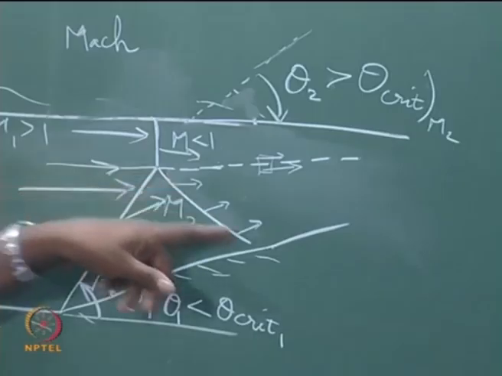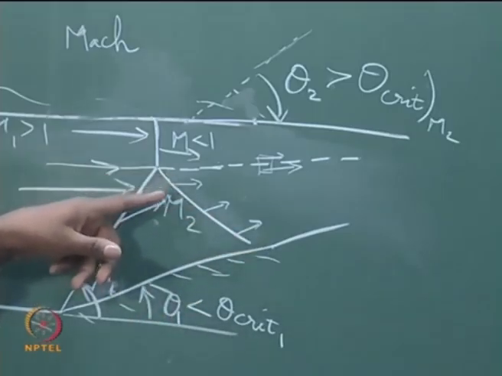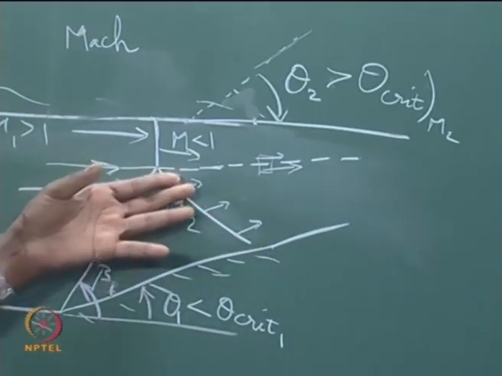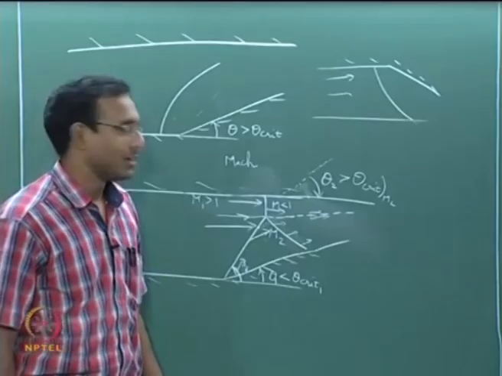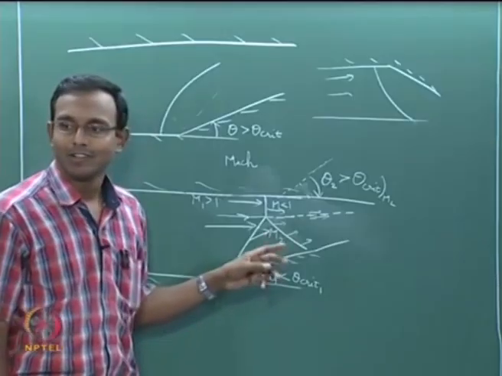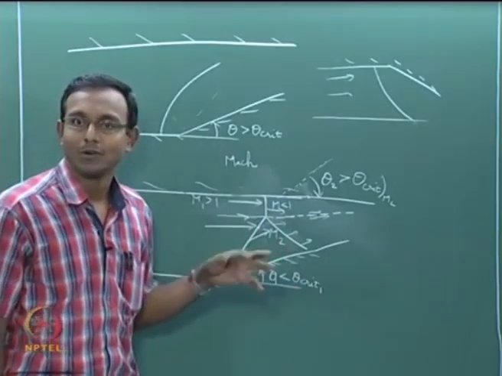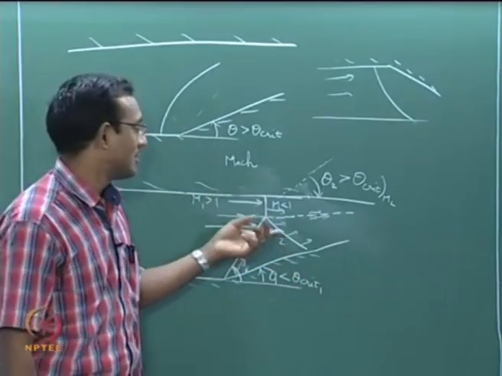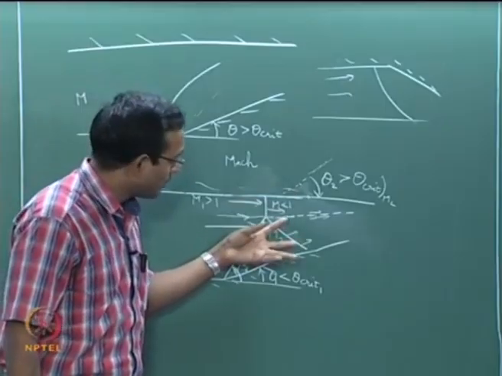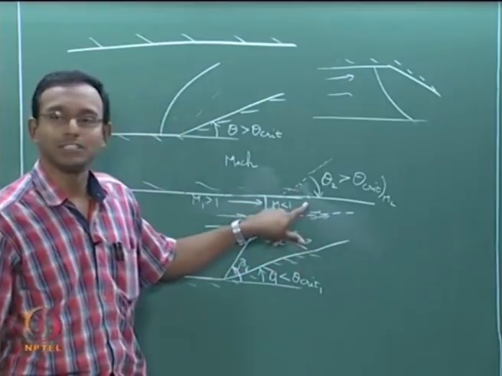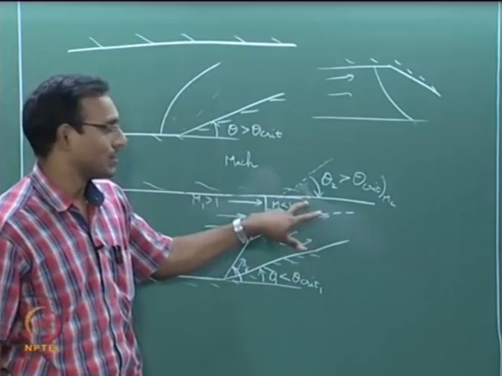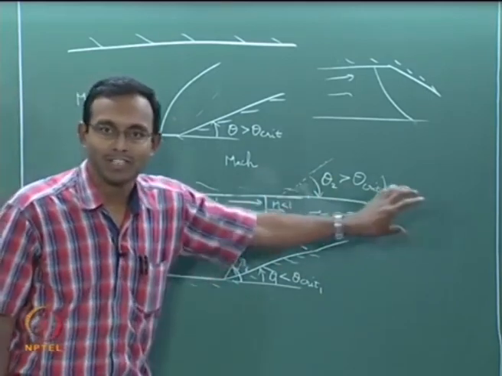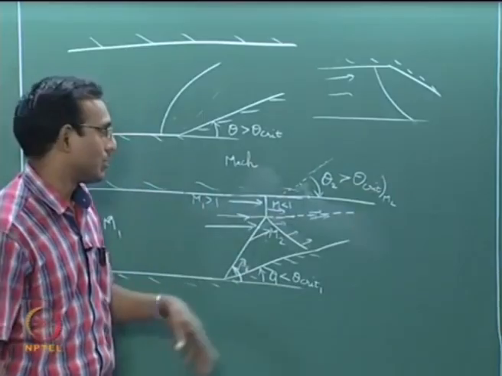Most of these regions are supersonic, and it is going through a converging duct. What will a converging duct do to a supersonic flow? It will decrease Mach number, it will go towards M equal to 1. So, it is going to decrease Mach number here and it will increase Mach number here. What is essentially happening? This flow is slowing down, this flow is accelerating, they are all kind of trying to come to a single Mach number. That is what is happening there.